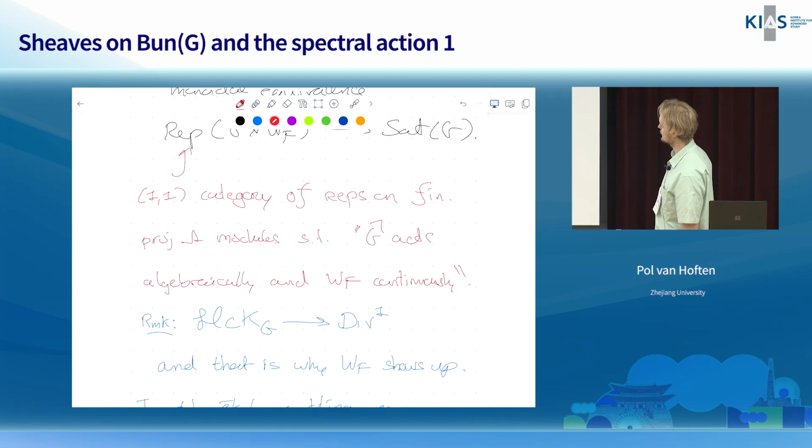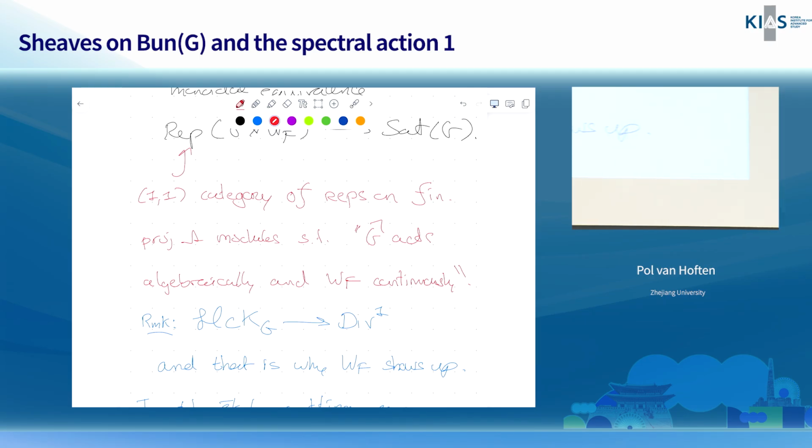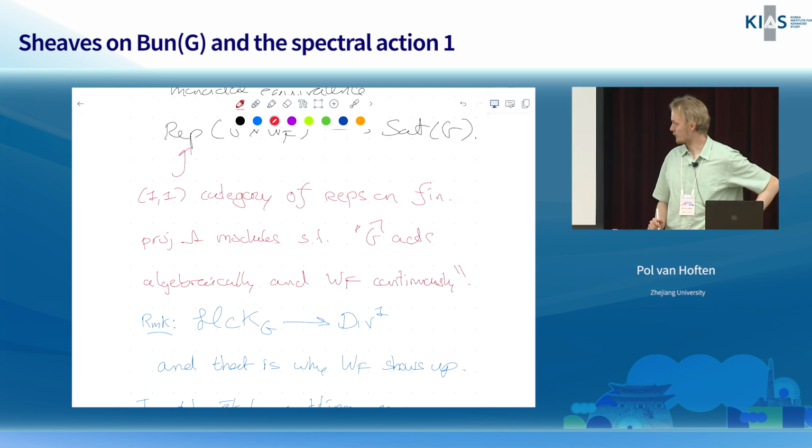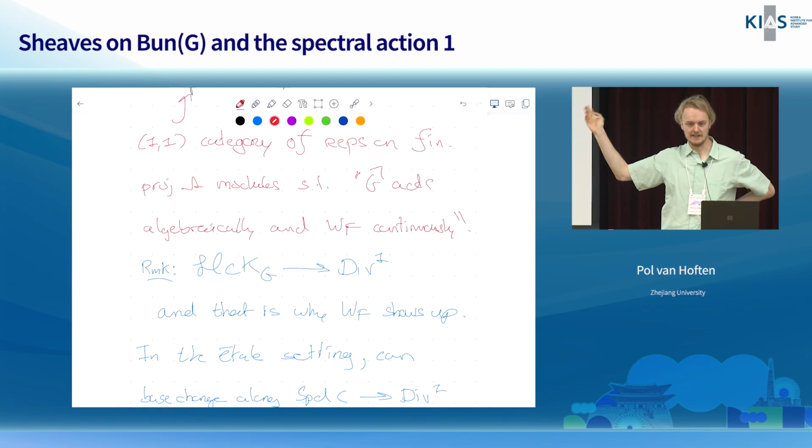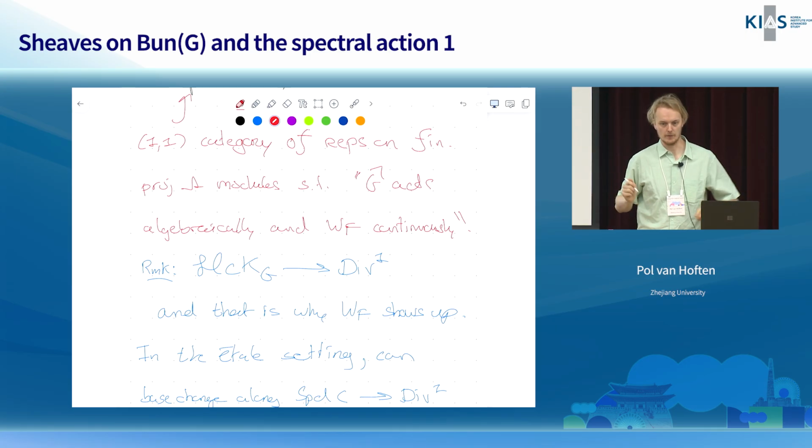Right, so when G is trivial, then Hecke G will just be Div1, and the Satake category will just be sheaves on Div1. So sheaves on Div1 is representations of W_F. So that's what my remark is trying to say. So if G is trivial, then you still get sheaves on Div1, and that's more or less where the Galois action comes from. Okay.